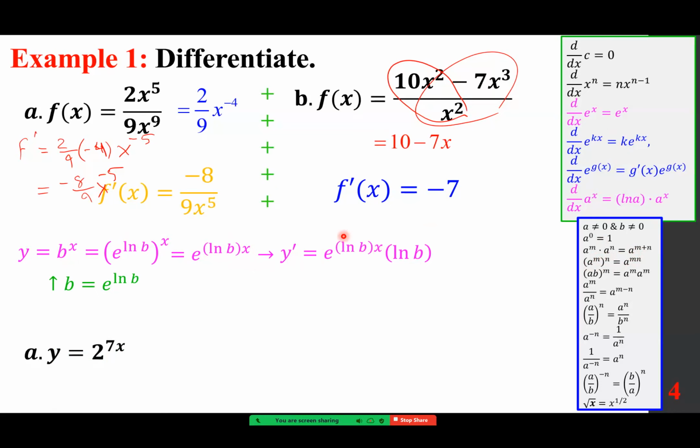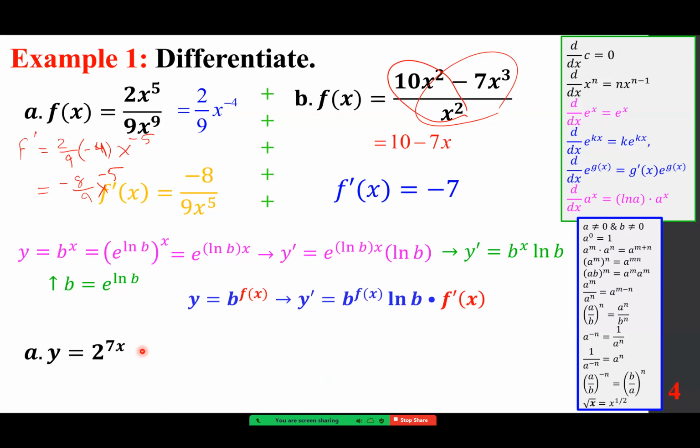You put this back in the same format you received it, and that's the final answer, itself times ln b. If you happen to have f of x here, we also tag along f prime, which makes it a chain rule.